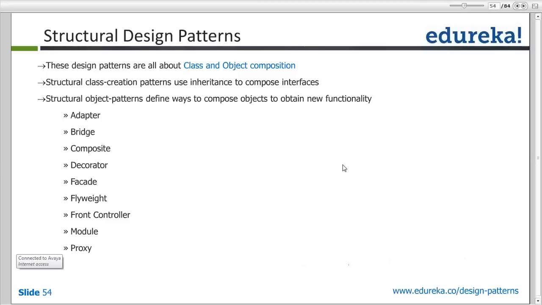And in here we will be talking about adapter, bridge, composition, decorator, facade, flyweight, front controller, module, and a proxy pattern. Remember that there is a specific characteristic of a structural pattern. A structural design pattern will always know about all its entities at design time.